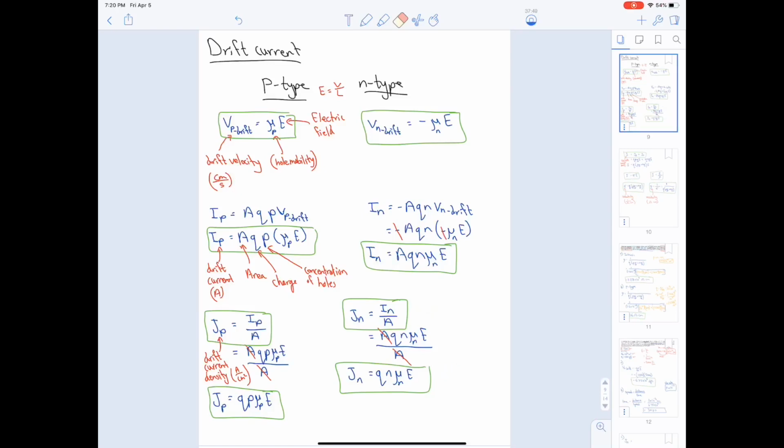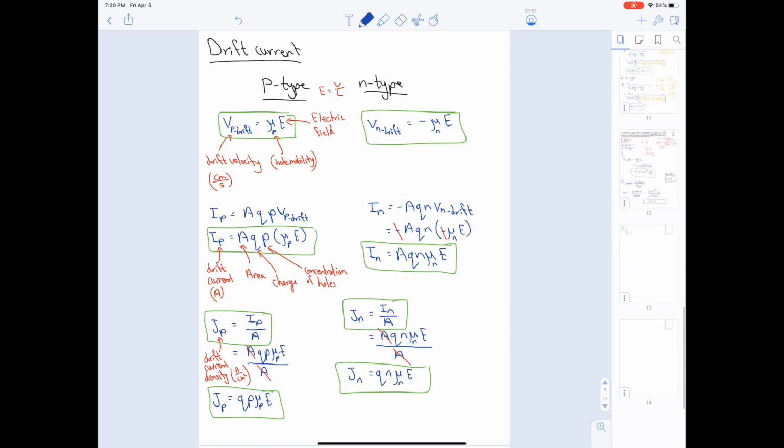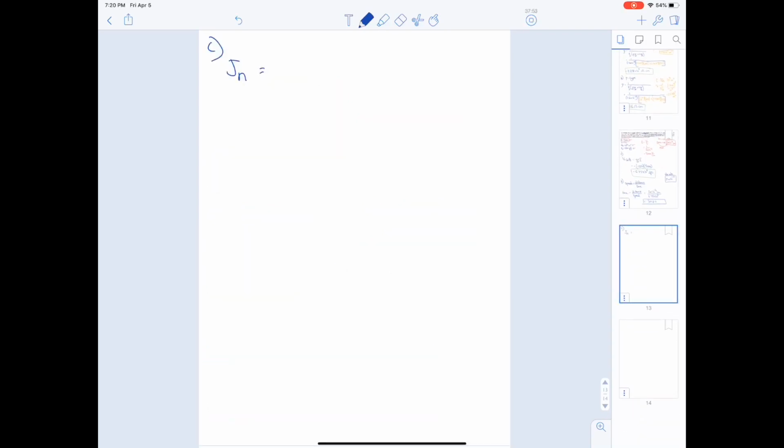We are forced to use the other equation. So Jn is Q n mu n multiplied by the electric field. What's Q? Q is 1.6 times 10 power of minus 19 multiplied by n. N is 10 power of 16.